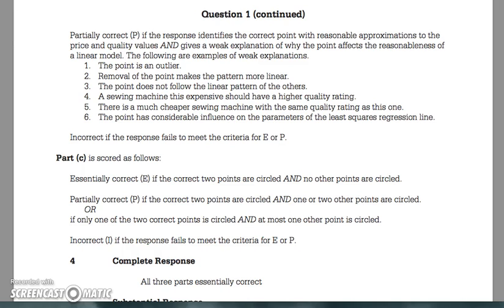The point does not follow the linear pattern of the others. 4. A sewing machine this expensive should have a higher quality rating. 5. There is a much cheaper sewing machine with the same quality rating as this one. 6. The point has considerable influence on the parameters of the least squares regression line. Incorrect if the response fails to meet the criteria for E or P.